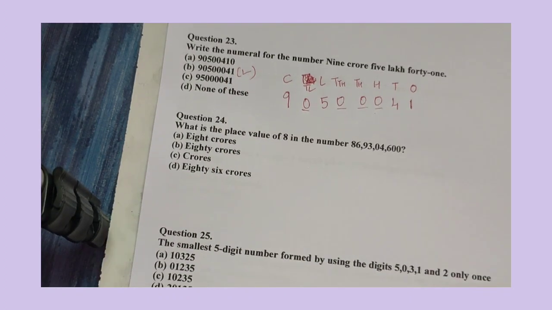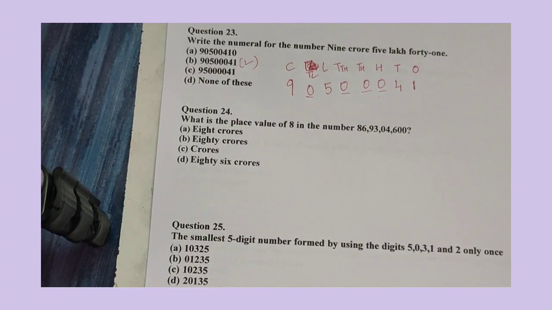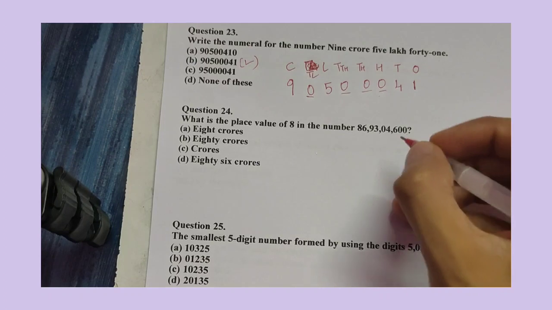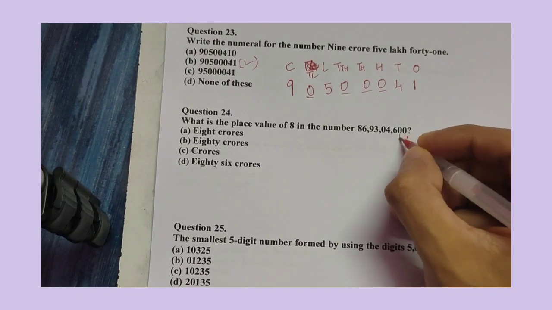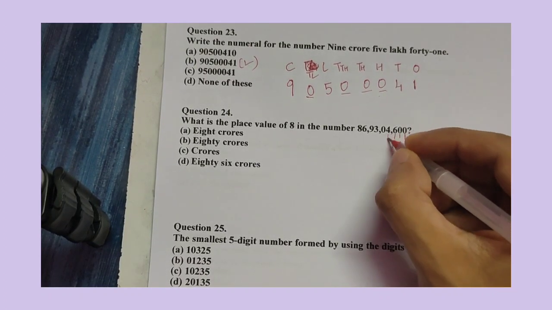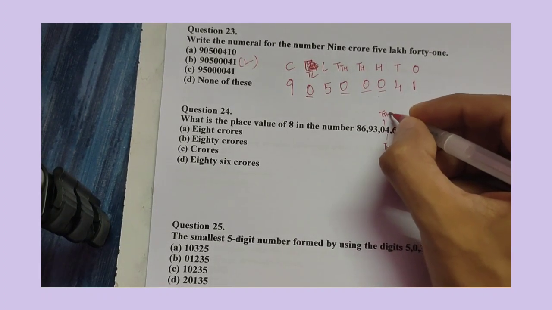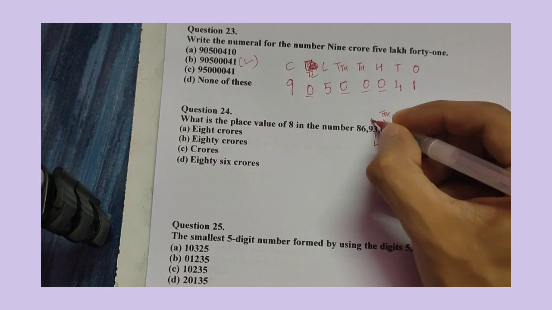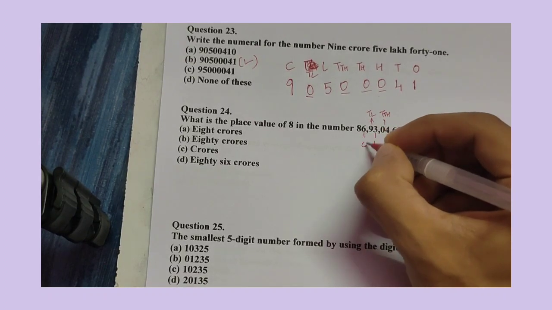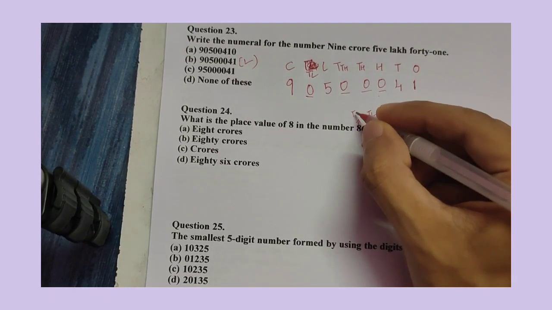Moving on to question number 24. What is the place value of 8 in the number? Let us put up the place values. This is ones, tens, 100, 1000, 10,000, lakhs, 10 lakhs, crore and the 10 crore.